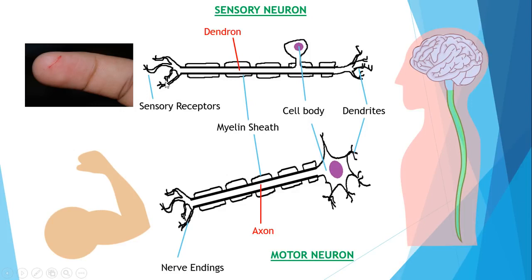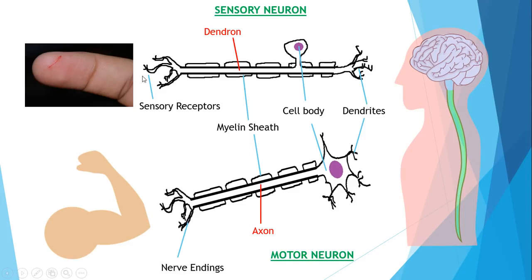It starts off from the sensory receptors that gain the impulse and sends it through what we call a dendron, which is basically a little tube, and sends it all the way to the end called dendrites, where it relays the information to the brain. You've got the cell body, which has the nucleus of the neuron, and the neuron also has the myelin sheath, which helps to keep the impulses inside the dendron and not get lost outside.